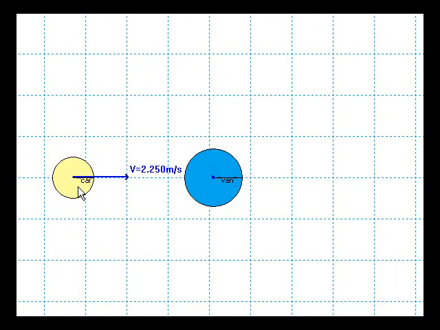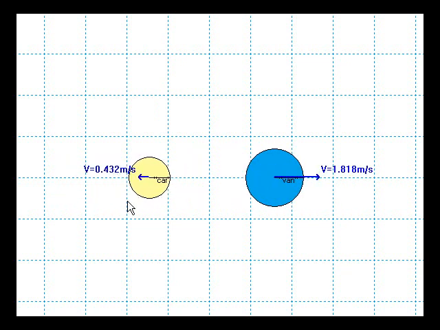So here, in quotes, this is the van and this is, in quotes, the car, with a velocity of 2.250 meters per second, and then I run this and stop it, and notice that this one rebounded, and this one here should be a negative 0.432, and this is a positive 1.818 meters per second. Once you actually calculate it, you will see that this animation is really close to what you will calculate.